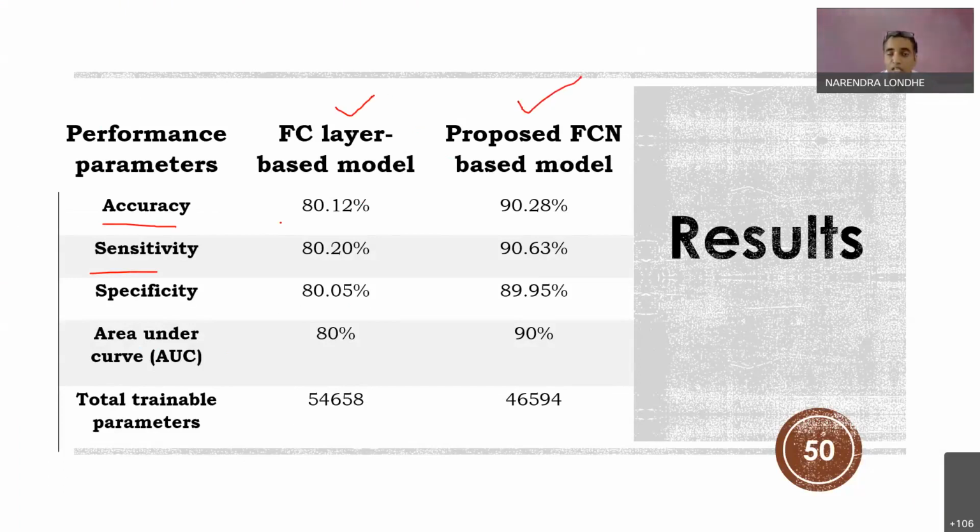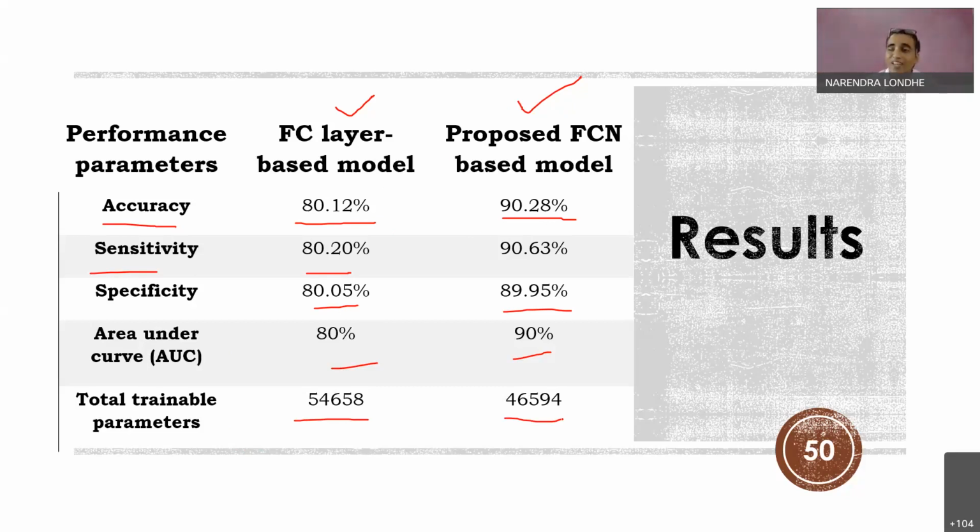You can see a difference in performance of almost 10 to 20%. Sensitivity is 10% higher, specificity is almost 20% higher, and area under curve has improved by 10%. The total trainable parameters have also reduced in the fully convolutional network as compared to the fully connected layer.